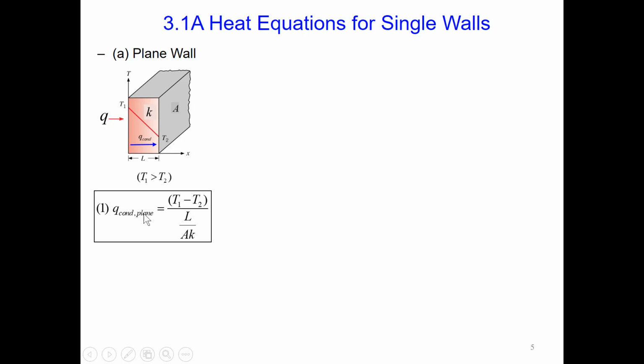The heat rate is determined by the temperature difference between T1 at the left surface and T2 at the right surface, divided by L, the thickness, over A, the surface area, and K, the thermal conductivity of the plane wall.